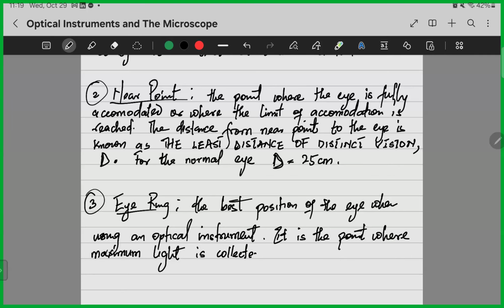The magnifying, let me just put a full stop here. They're made of lenses. And I said the magnifying power depends on their focal length.